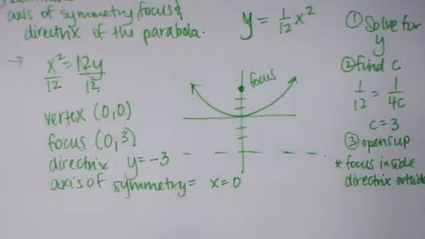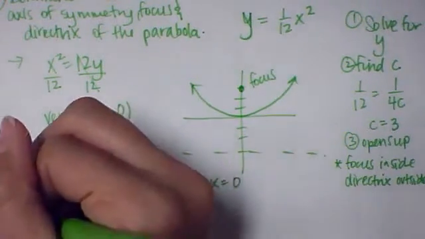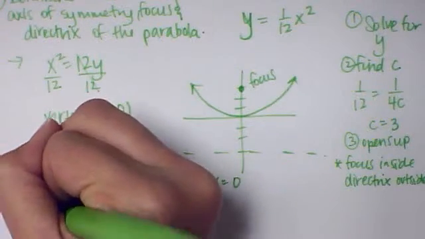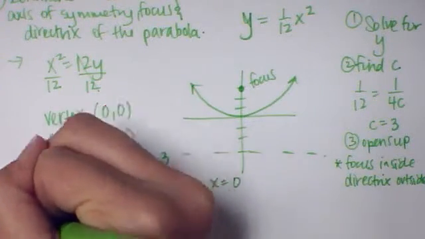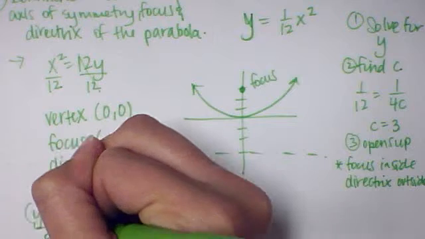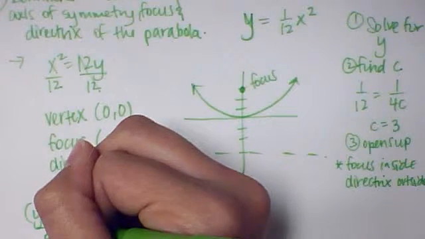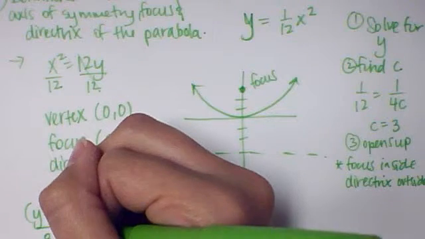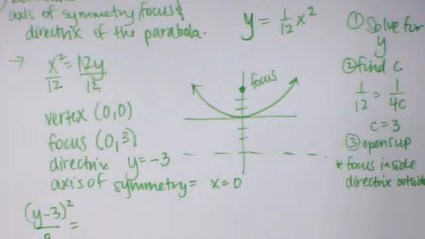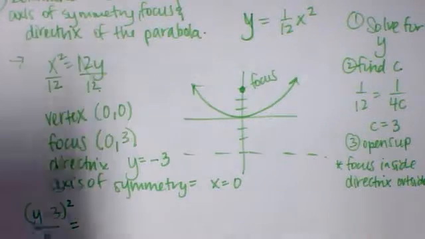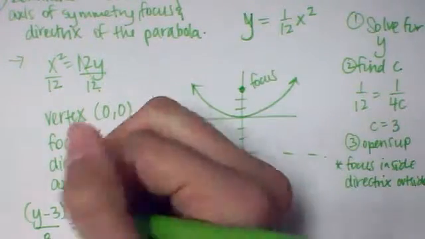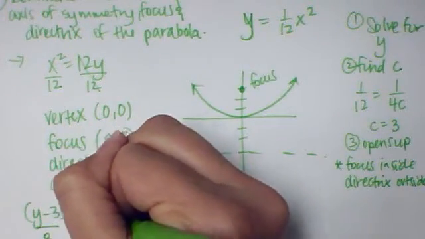Let's look at another one, example number 2. If I have y minus 3 quantity squared over 8, and I set that equal to x minus 2.